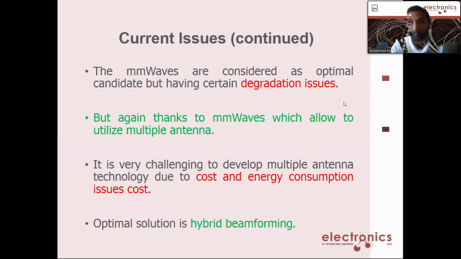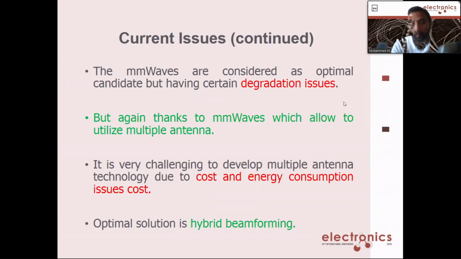But the problem with millimeter wave is that it has certain degradation issues like rain fading and penetration loss, so the signal may die out. Therefore, we can also adopt multiple antenna technology because of the shorter wavelength.